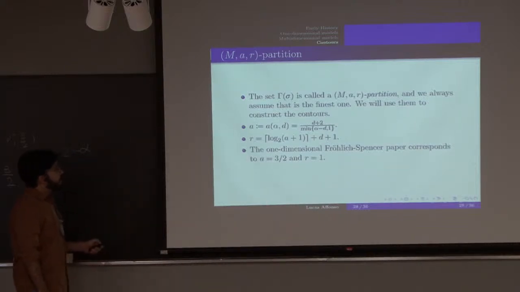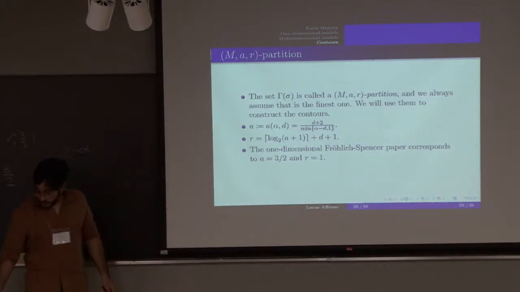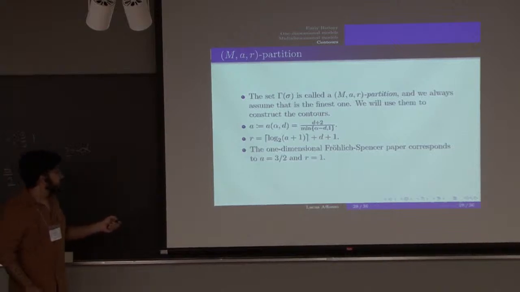And what happens is that for the problem in question, we need to tune the parameters accordingly to the problem. In this case, we can choose A as being d plus 2 over the minimum of alpha minus d and 1. And as you can see, when the k parameter of the interaction alpha is closer to d, then you get A to be larger.